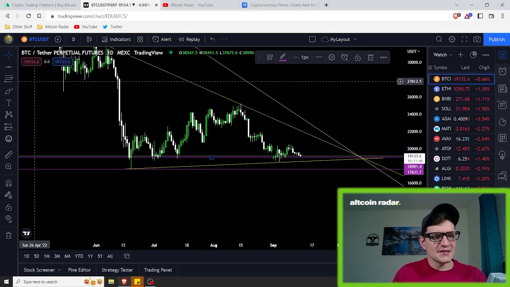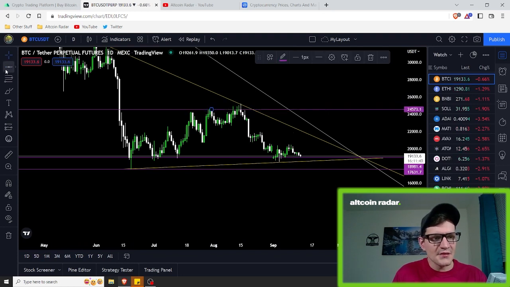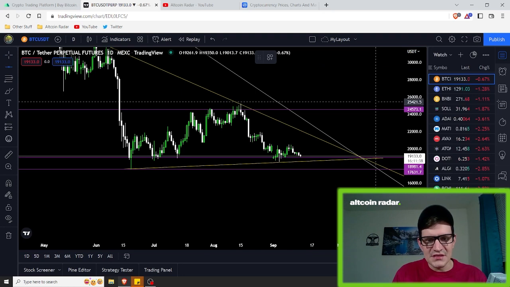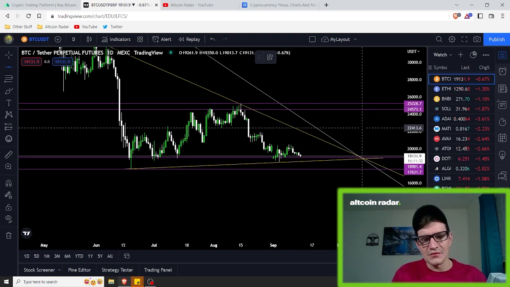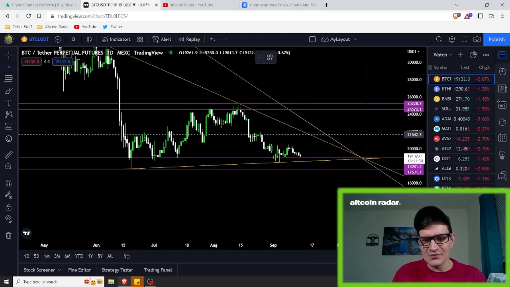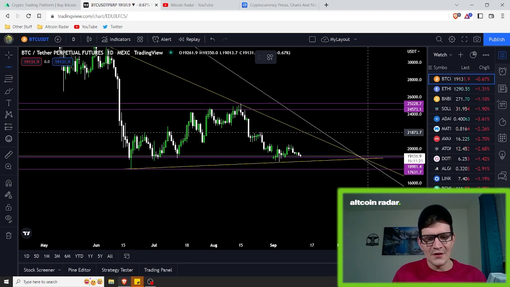And then the next zone that I want to point out is right up in here. There's going to be another level of support and resistance right up in here, and we'll go ahead and mark that. And then we will do a mid-range too. To be honest with you guys, I'd probably put it right around this level.